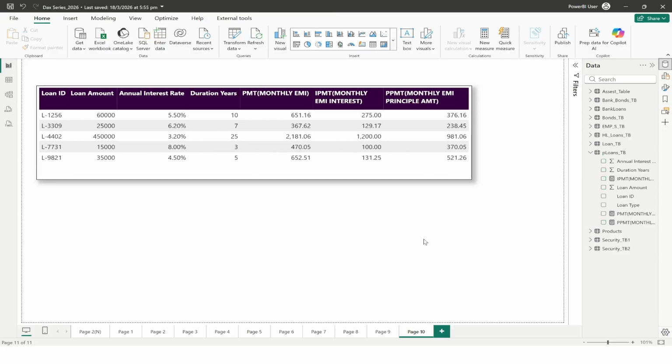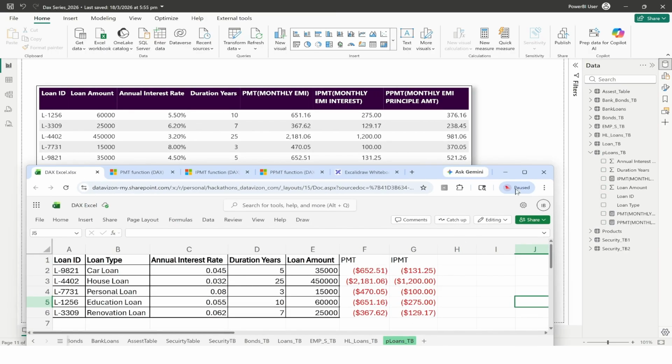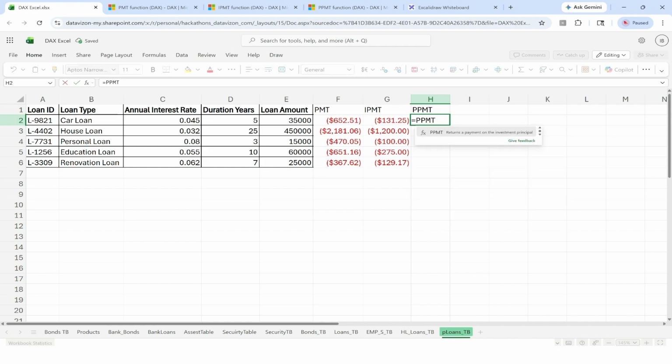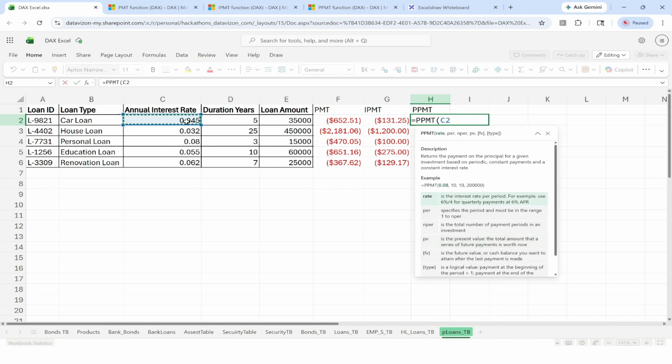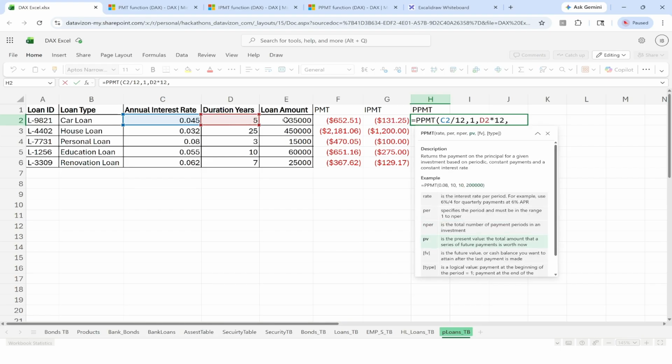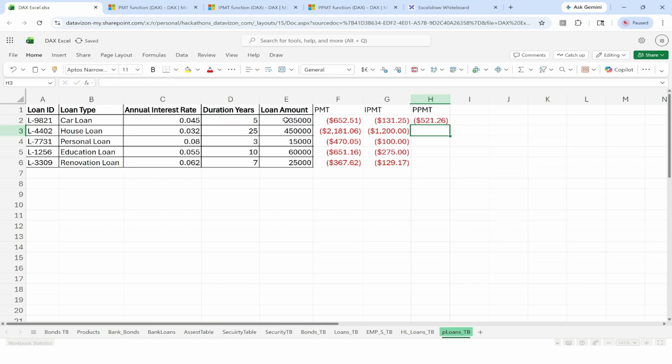Okay, now how can we cross verify? Let's go to our Excel. So here PPMT. So let's take PPMT in the bracket, annual interest rate divided by 12, comma, beginning of the period and duration into 12, comma, loan amount. Close the bracket.